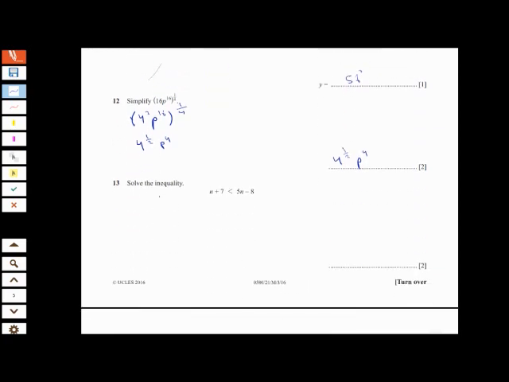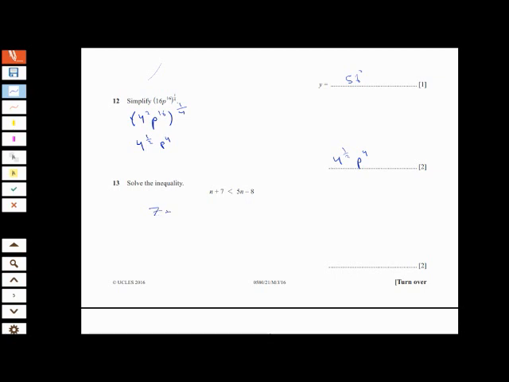Alright, question 13, inequalities. This is an easy one. It's like a simple equation except there's an inequality sign in the middle, not an equal sign. So basically you take the n terms to one side and the normal numbers to the other side.